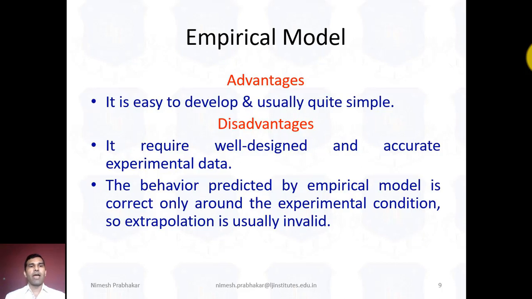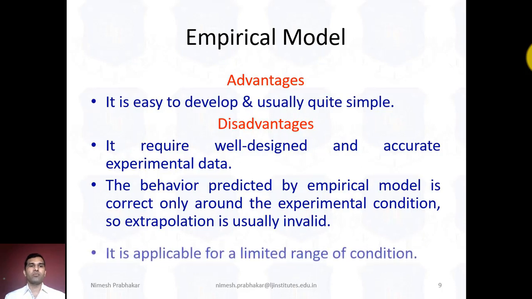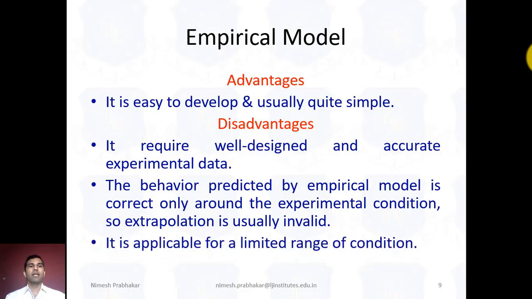So extrapolation is usually invalid. So this is also one disadvantage of empirical model. And third one is it is applicable for a limited range of condition. So these are the disadvantages of empirical models.